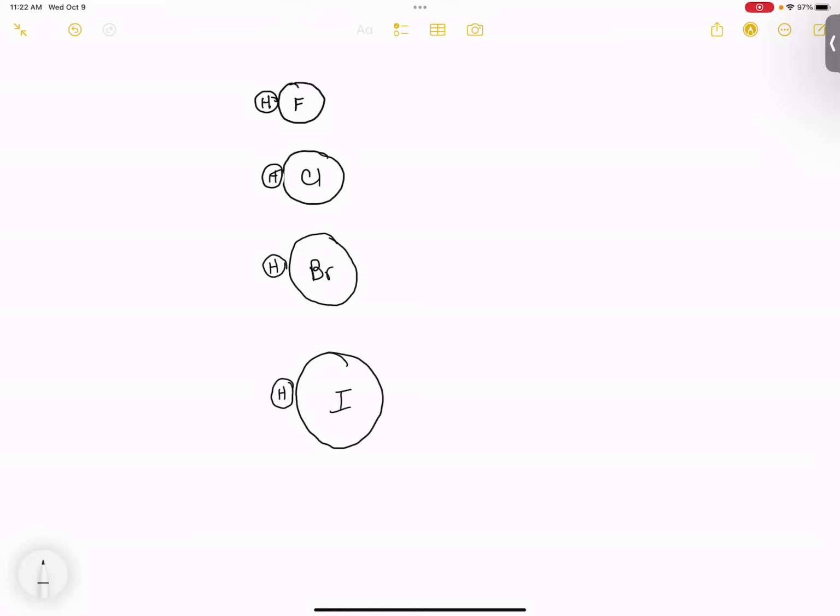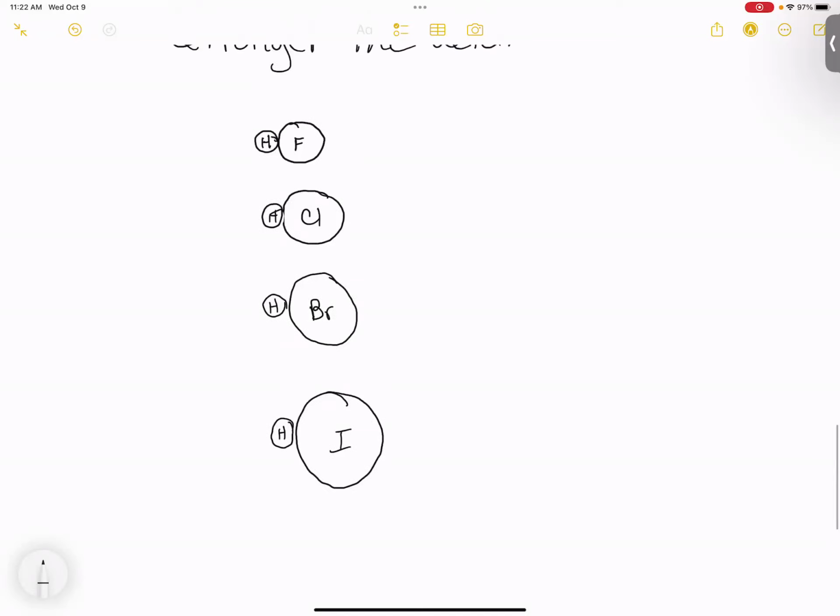Now the question is why? Well, the answer has to do with what happens when it loses that hydrogen. What happens when that hydrogen is removed?